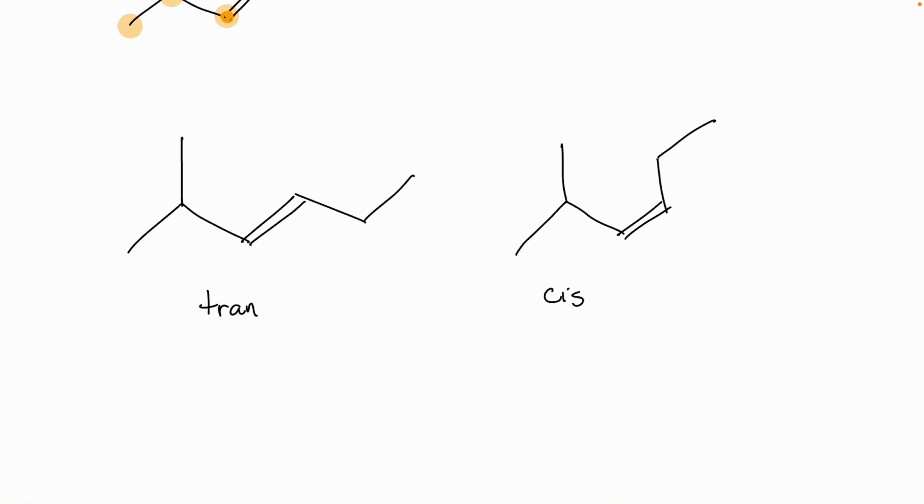So if there's no stereospecificity in the reaction itself, your trans structure is going to be the more stable, major product, because there's less steric hindrance in its formation. So this would be our major, and this would be our minor product, because of steric hindrance.